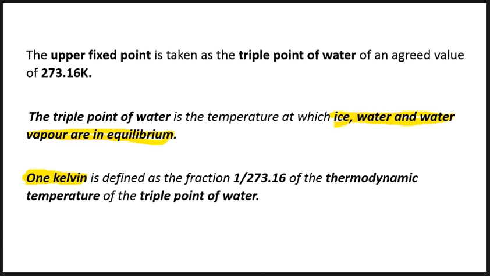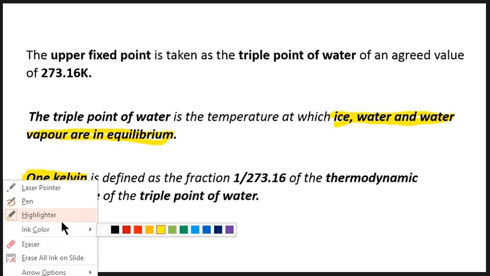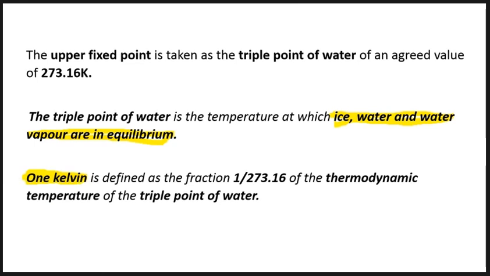Now from here, let's see the relationship between the Kelvin scale and the Celsius scale. Why do we want to see the relationship? The reason is that the Kelvin scale is closely related to the Celsius scale, which happens to be another type of scale that replaces the centigrade scale. I don't want you to be confused.